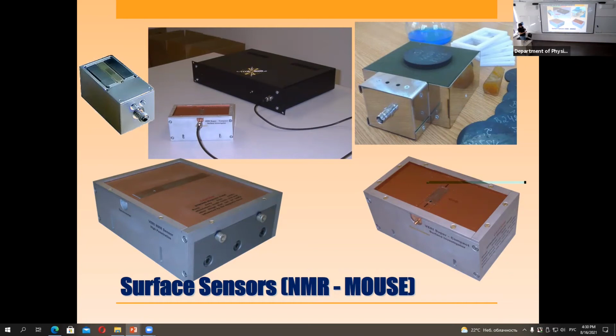The mouse itself contains inside a U-shaped magnet. One magnet is producing field upstairs, the other magnet is producing field downstairs. And here you can see the radio frequency coil, a surface coil. It's nearly done as a printed circuit board. And here are two magnets.